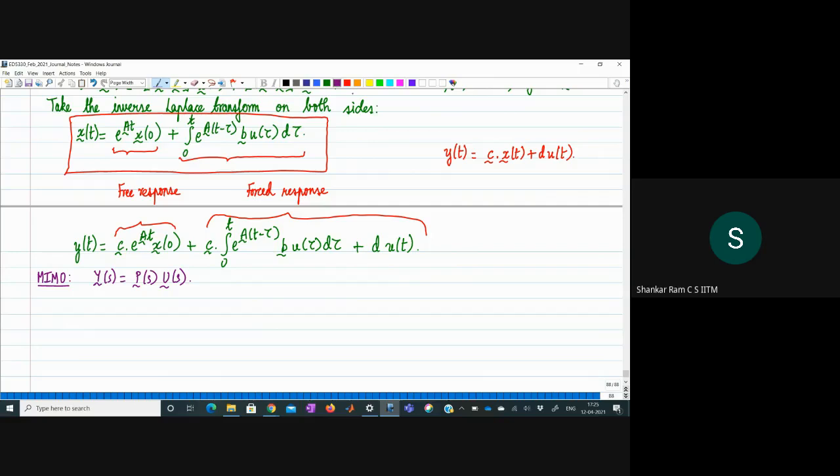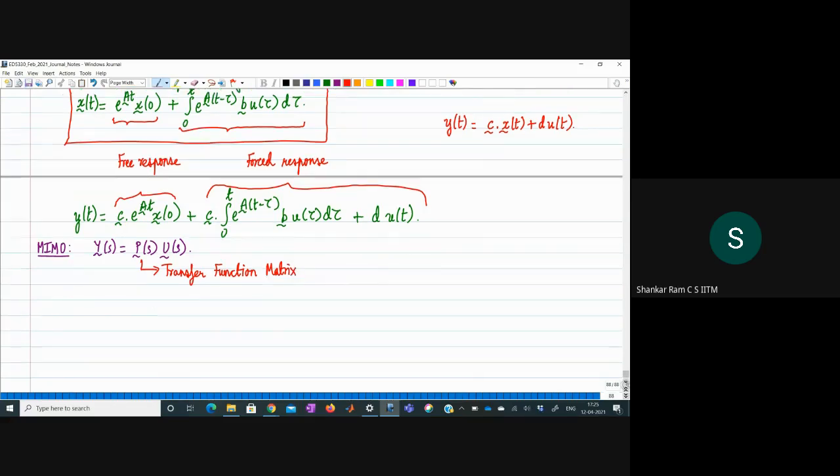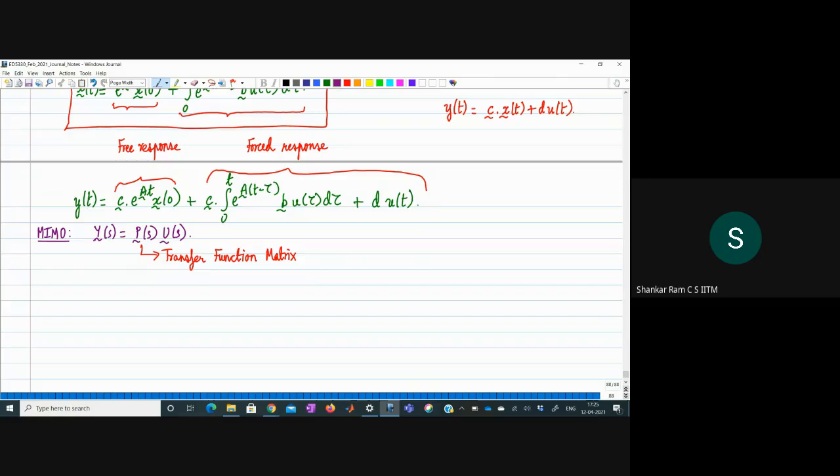So we will get what is called a transfer function matrix. In the case of a MIMO system, this comes in naturally. That is a big advantage as far as our analysis is concerned.